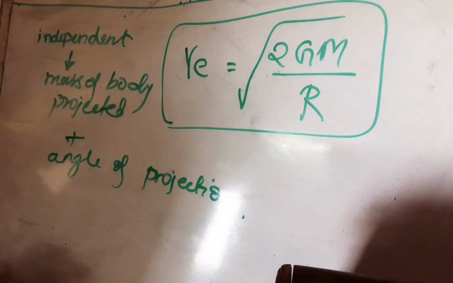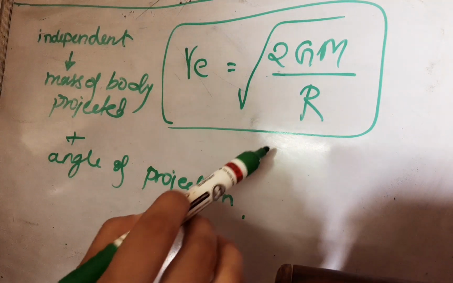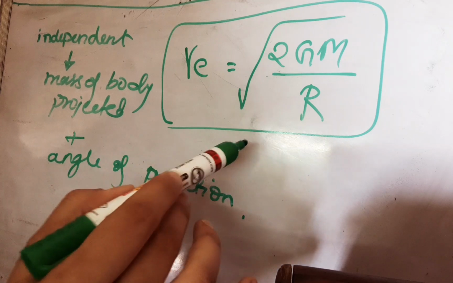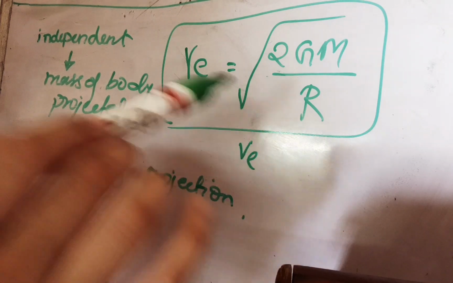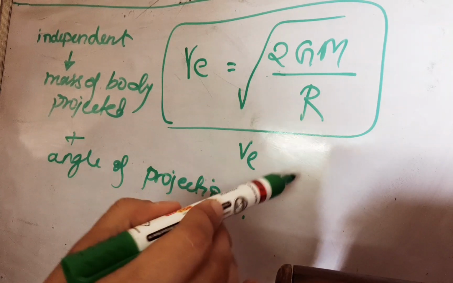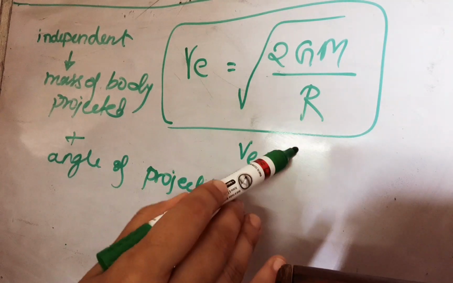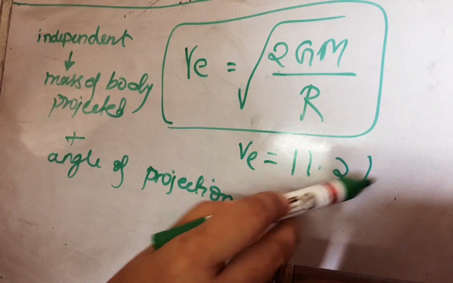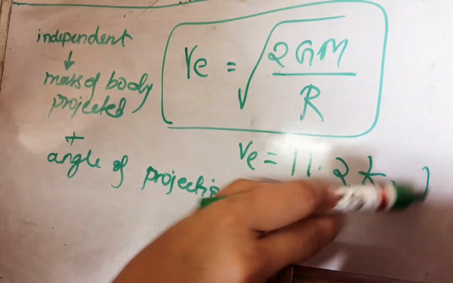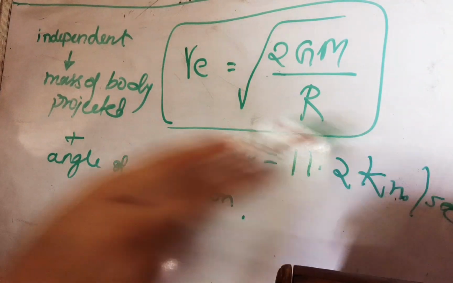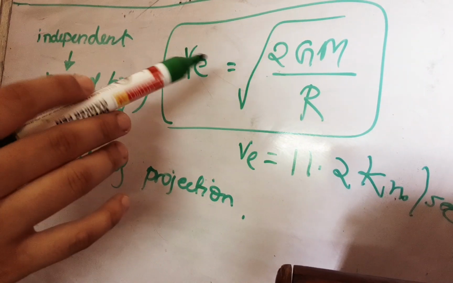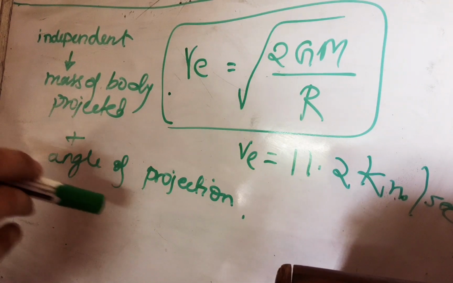Easy, I hope. And one more data: sometimes directly numericals they may ask, what is the escape velocity for a body to be projected on Earth? Already calculated, it is 11.2 kilometers per second. So if you want to escape a body from planet Earth, so it never returns back to the Earth.